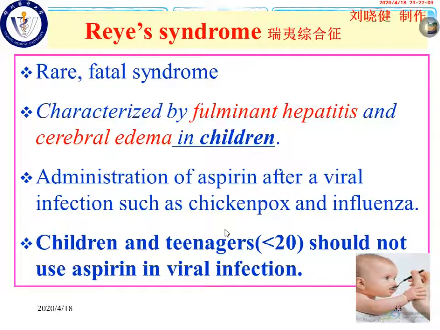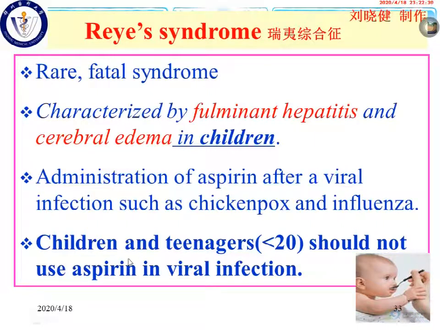But as I mentioned, the liver has a limitation to metabolize aspirin. For children or teenagers, their body development is not enough, so metabolism of aspirin is also not enough.